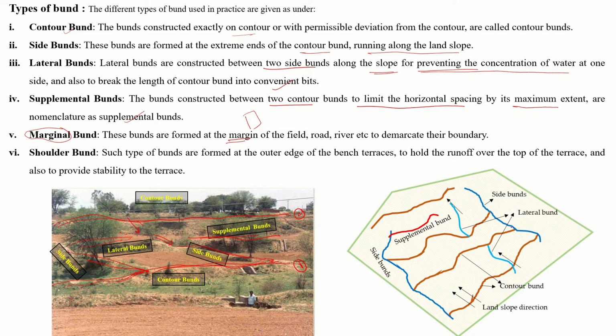Suppose this is my field, and this is my margin, my boundary here. Whatever bund has been constructed here, along this we can have field roads, and rivers may pass along the field. So this is called a marginal bund.